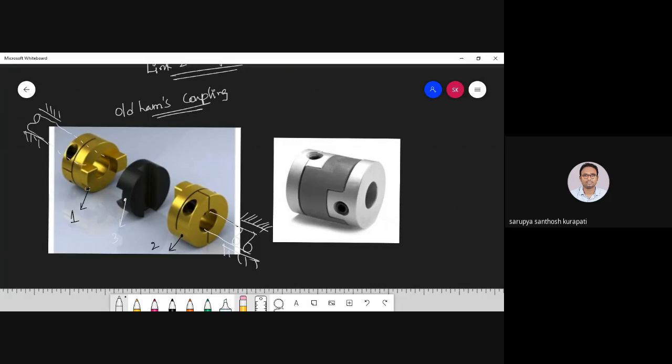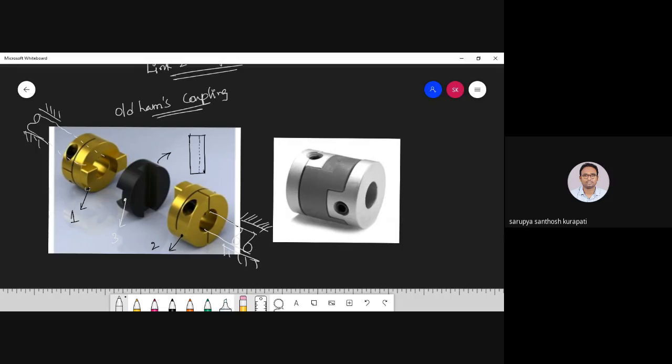Now understand one thing. Observe this particular third link. The beauty of the third link is that it has 2 slots. I'm just drawing its front view. It has 2 slots, one slot in this direction along y.